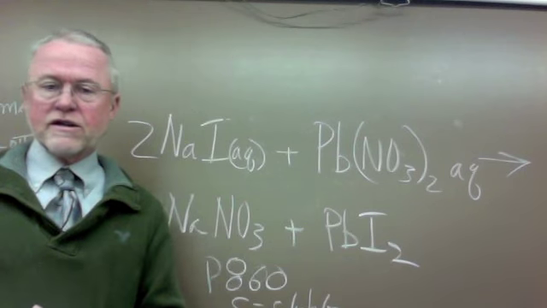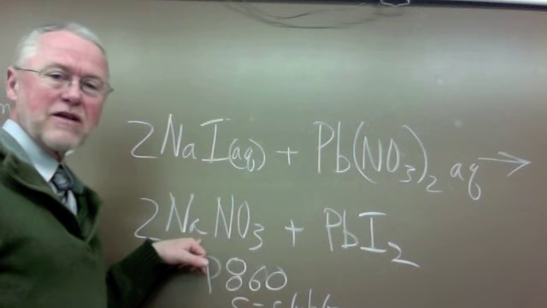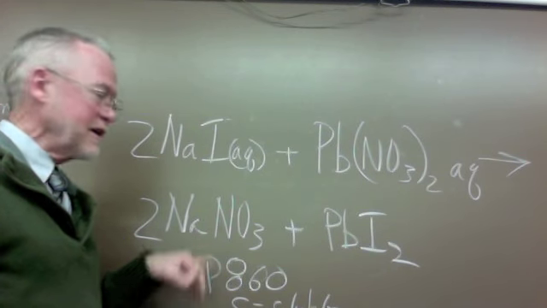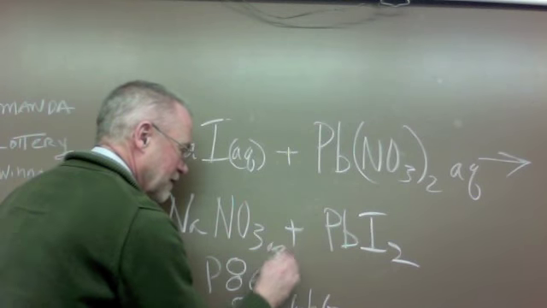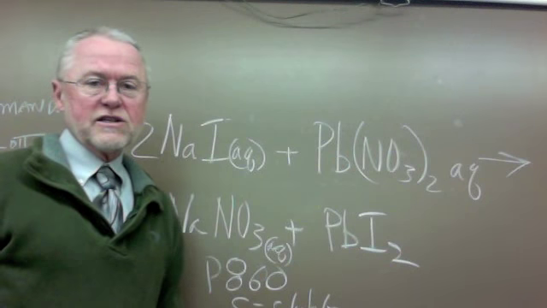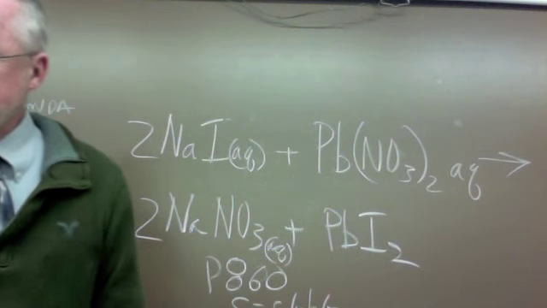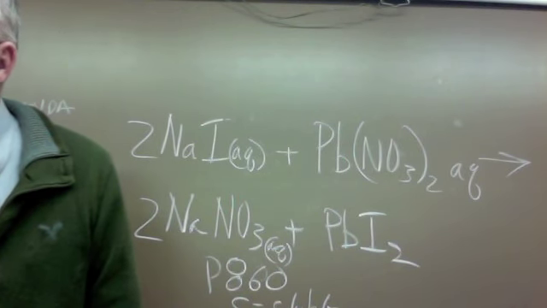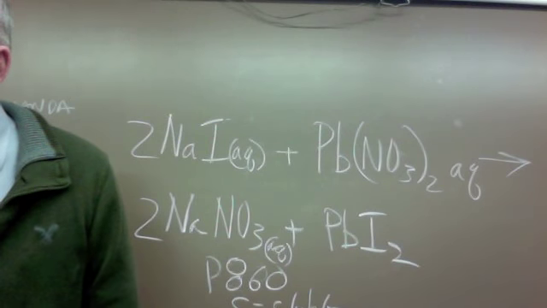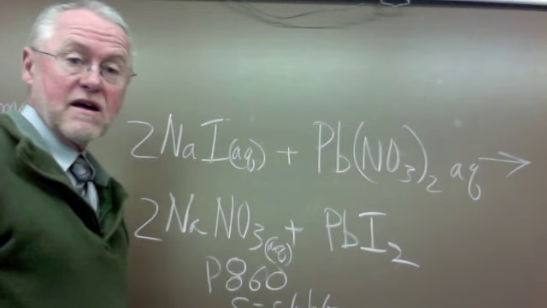So when we go and look at the chart on page 860, we see that sodium nitrate has a capital S by it, so it's going to be soluble. And therefore we're going to put an aq there. And if we look at the chart on page 860, we'll see that lead and iodine, when they go together, it says P. That means that is going to be a solid.